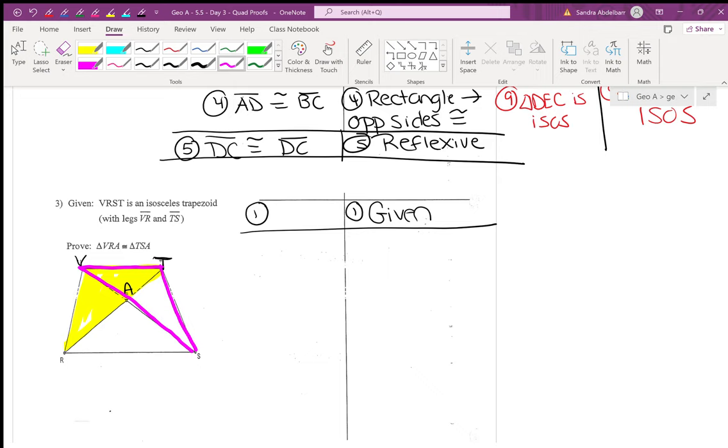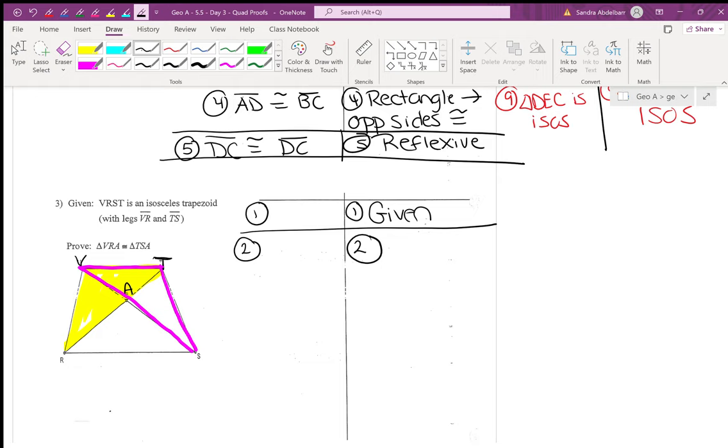All right, let's get those triangles. So, somebody tell me a property of an isosceles trapezoid that can help us here. Sam? I'm not really sure, but I know it's something to do with the upper base and the lower base, I think. The angles? Yeah, the upper base angles are congruent.